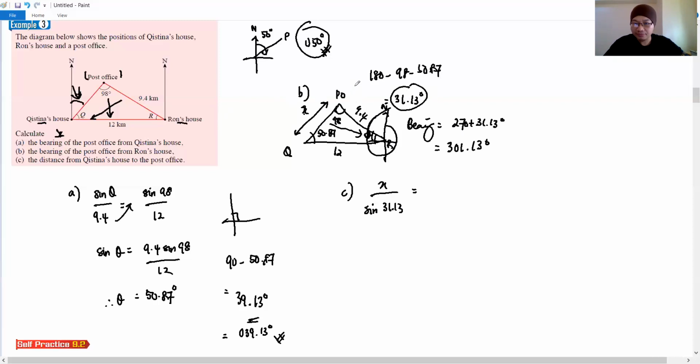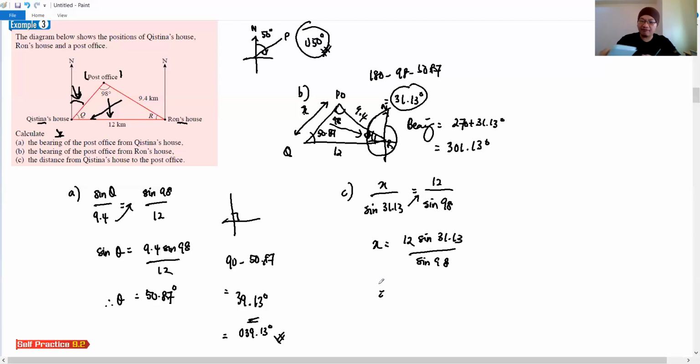Choose only one, it doesn't matter. Let's say I choose 98. So it equals 12 over sine 98. So x equals, move it here, it becomes times: 12 sine 31.13 over sine 98.